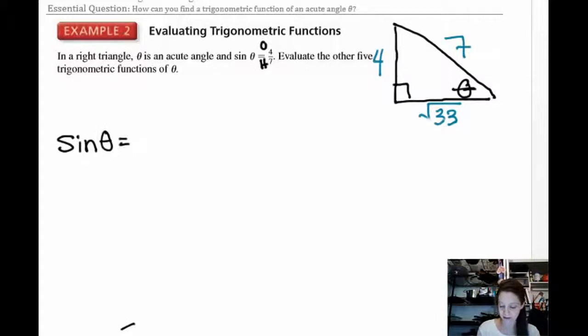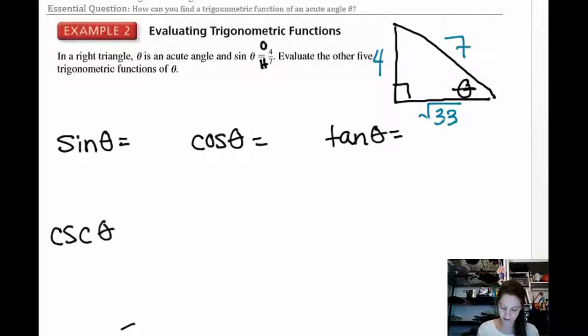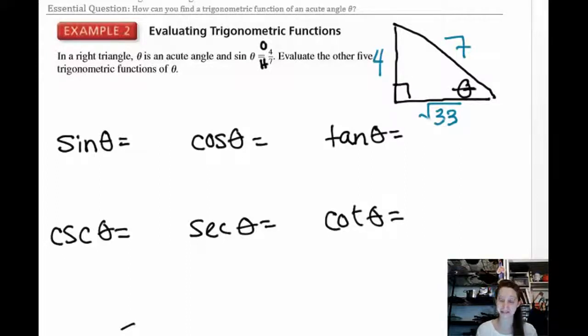The sine of theta, the cosine of theta, the tangent of theta, and then we have the cosecant of theta, the secant of theta, and the cotangent of theta. And then exact same, I'm going to write myself my key.